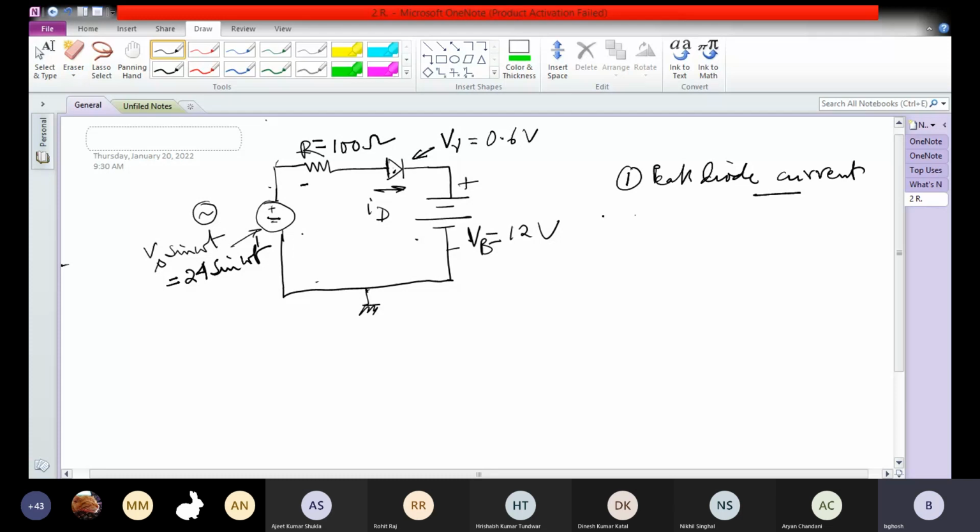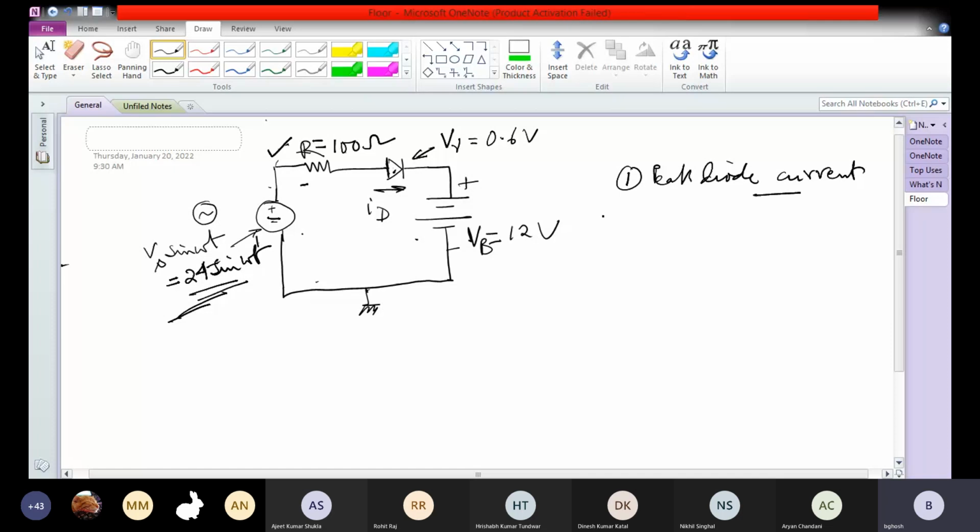Can anybody guess quickly what the peak diode current should be? It is not very difficult. This is a voltage source, 24 sine omega t, so the maximum voltage is 24.